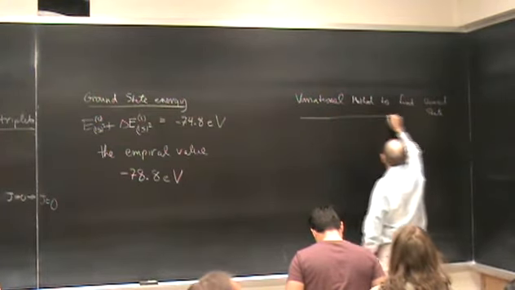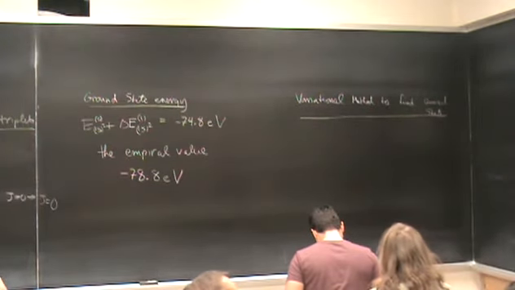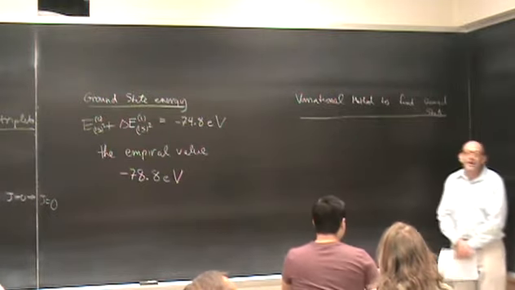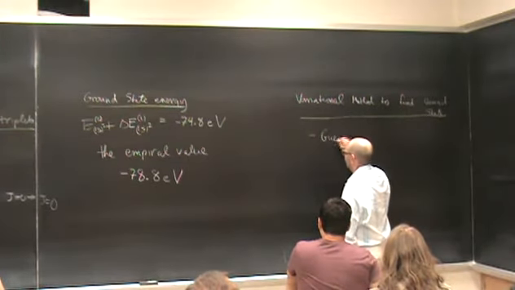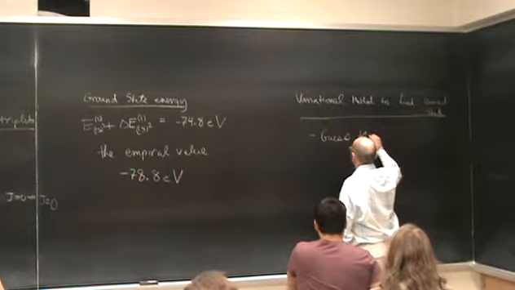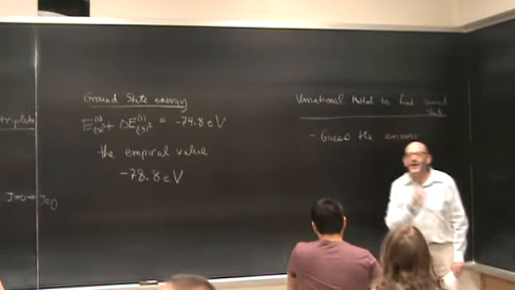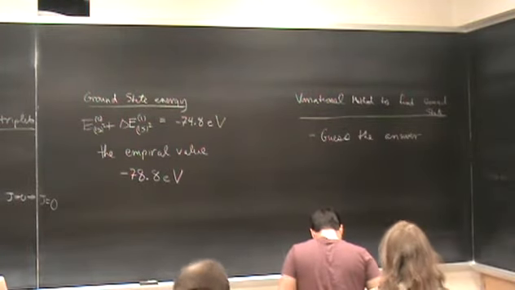For most computational physicists who are doing anything having to do with the structure of matter, this is all they're doing most of the time. And what is it? Based on some kind of educated guess.